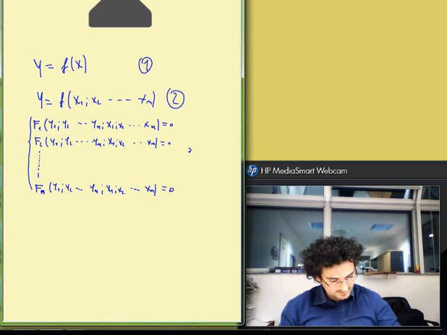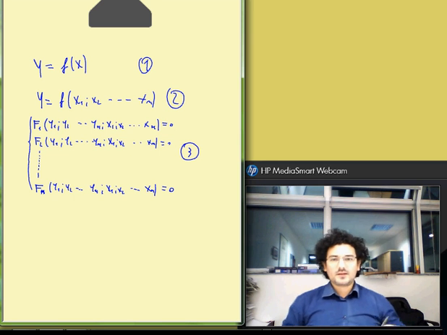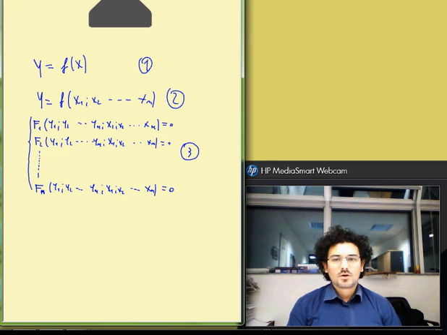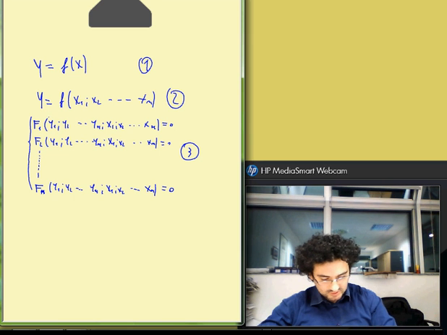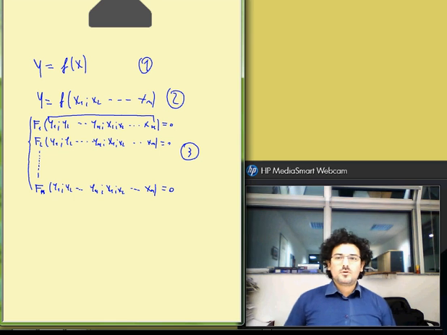And we call this set of equations 3. This is a typical implicit form model in which we have a set of implicit functions equal to 0. Inside each function, we have a set of variables.